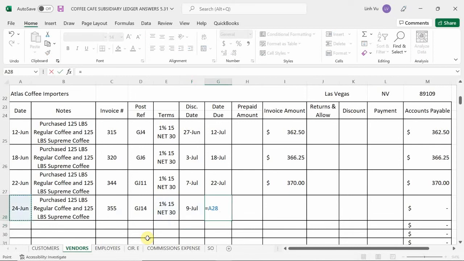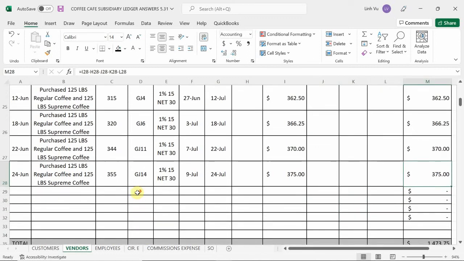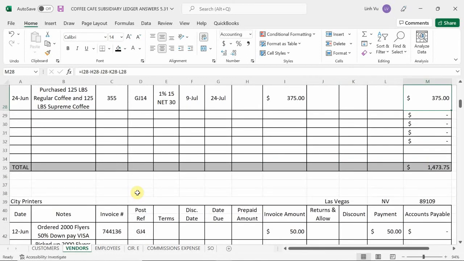And the 24th. Invoice amount was 375. Right, no payment was received, so now you owe $1473.75 to Atlas Coffee Importers.